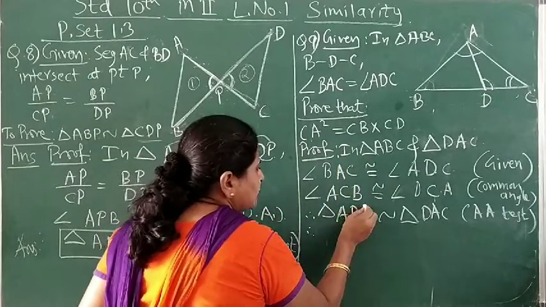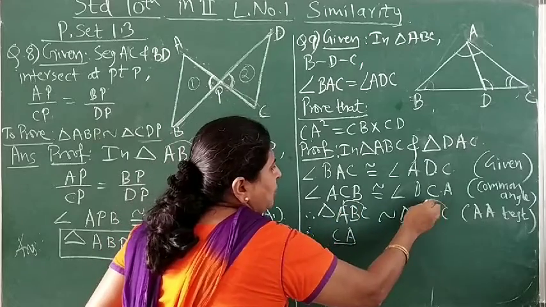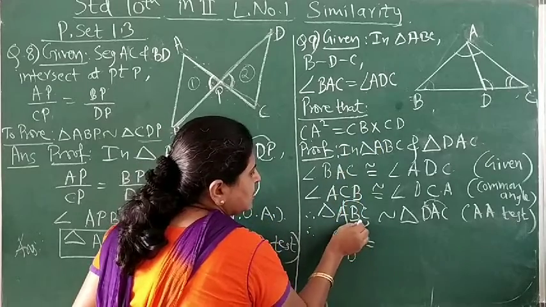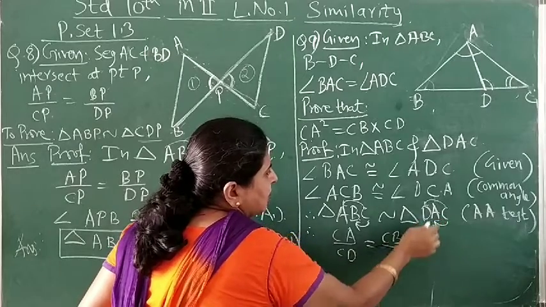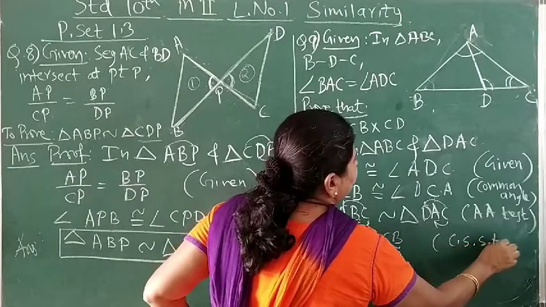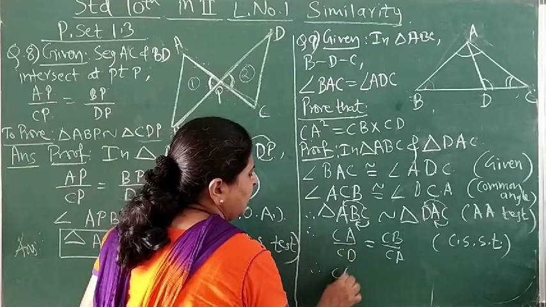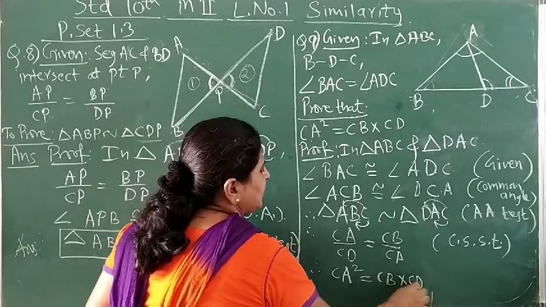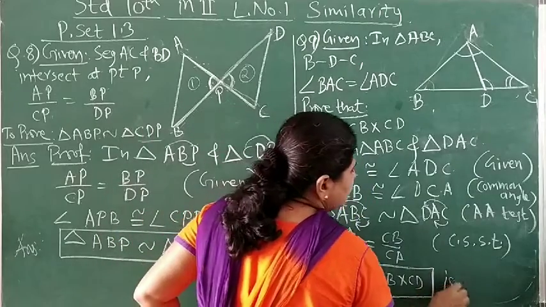Third and first, CA upon CD is equal to CB upon third and second, CA. These sides are corresponding sides of similar triangles. Now take the cross multiplication, CA into CA, you will get CA square is equal to CB into CD. That's it. Whatever we had to prove is proved.